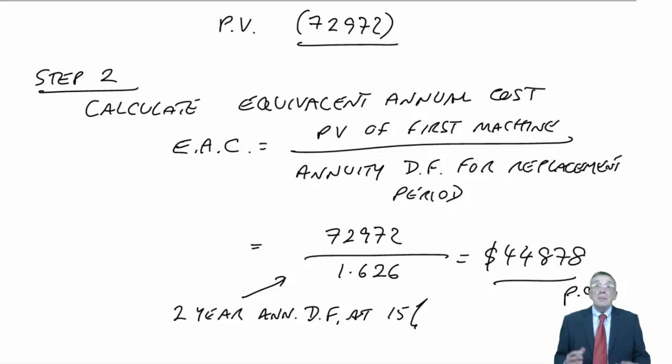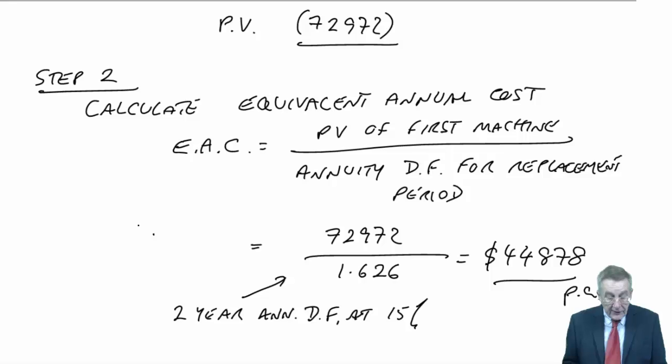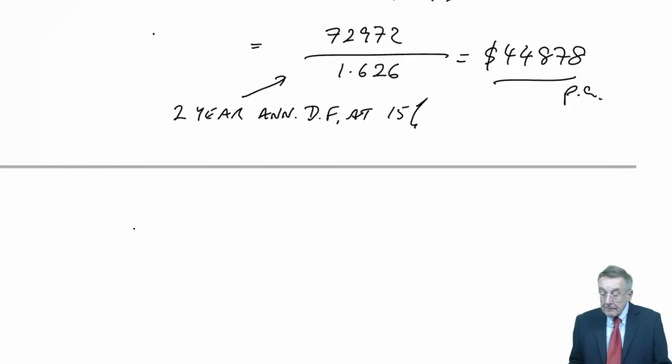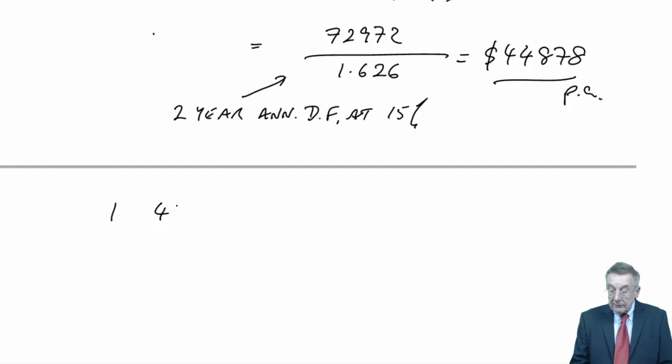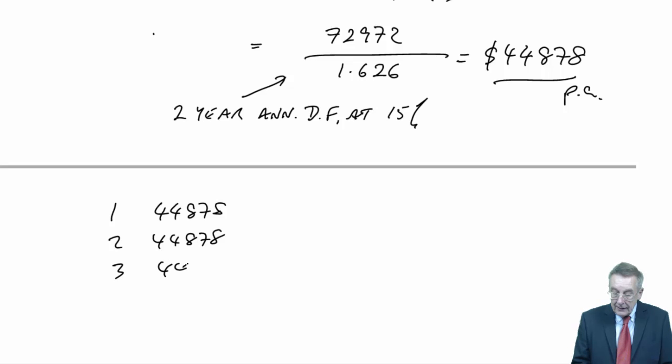Now, although a rule's a rule, and in the middle of an exam, obviously you just do it, just for a second, let me explain why. You see, I'm now saying it's like paying out 44,878 every year forever.